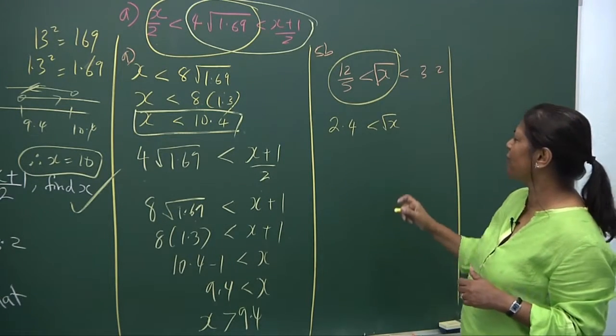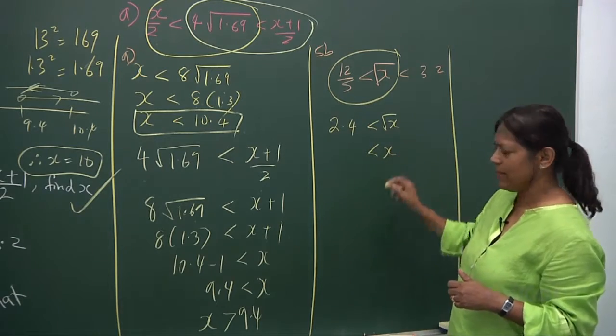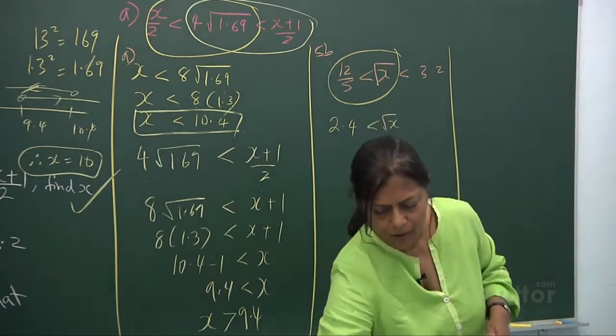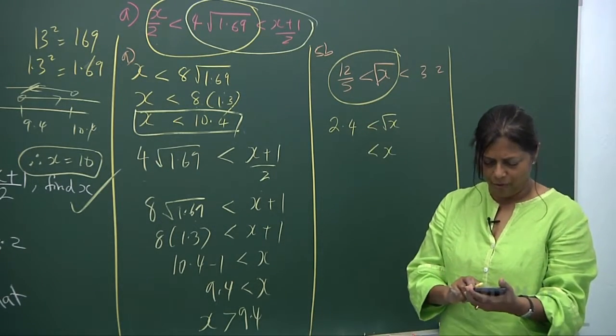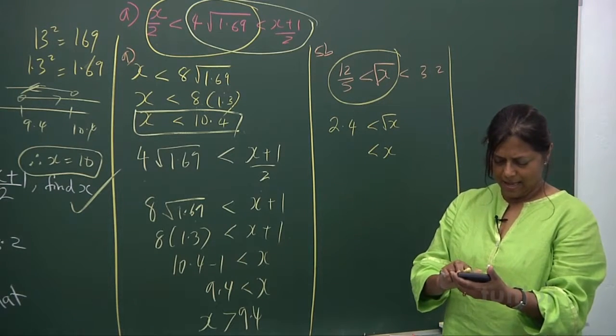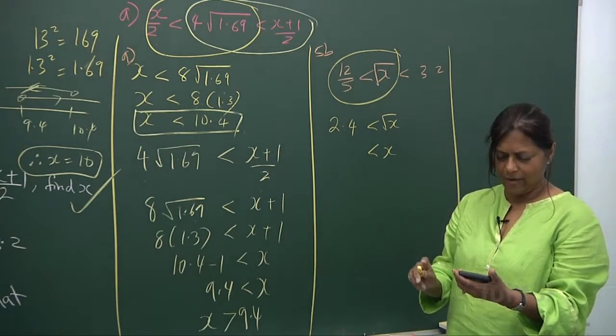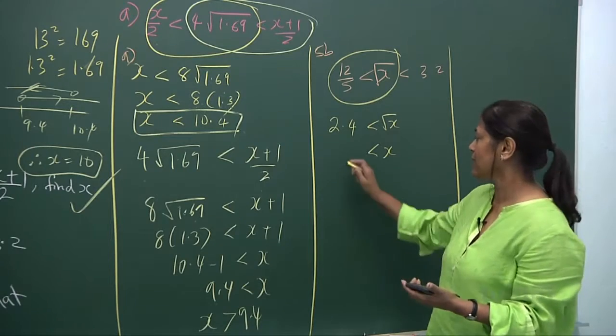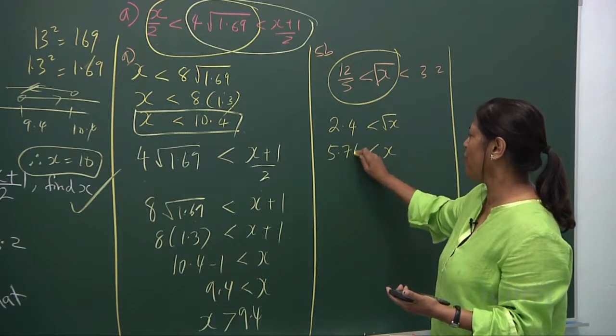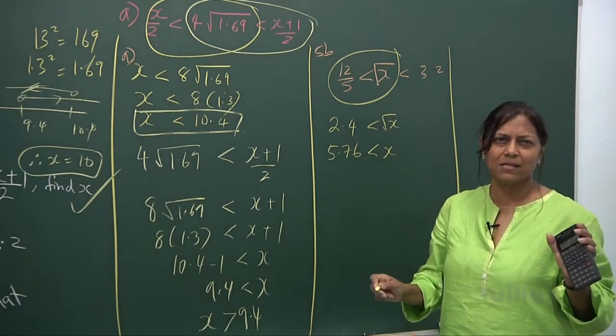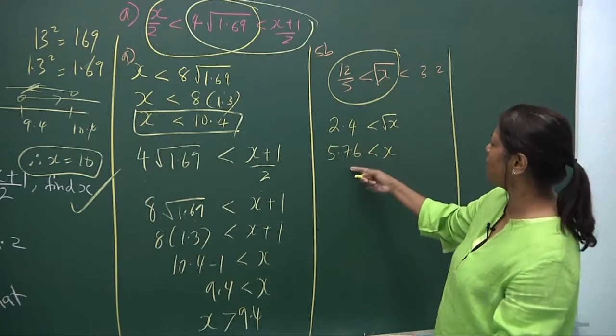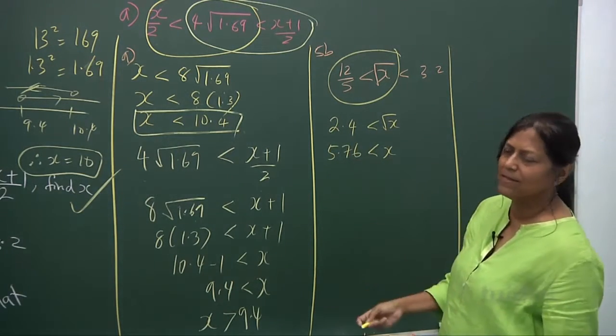If I want to find the square of 2.4, 2.4 times 2.4, just press that and you square it and you get 5.76. 24 and 24 is 576, 24 squared.